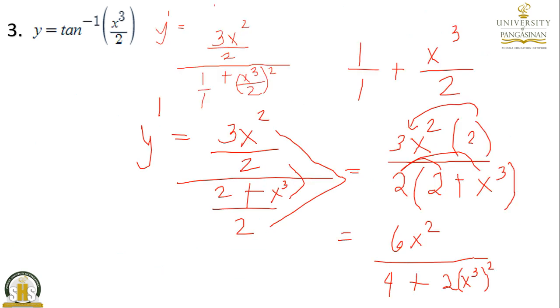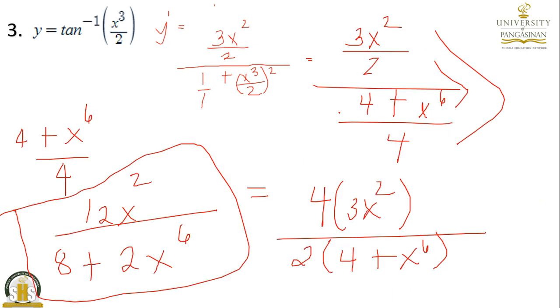Kinopya ko lang yun ha. Tapos nung nilagay ko na dito, naging 1 plus x to the 6 all over 4. That's why, kung kinuha na natin yung LCD niya, 4 yung magiging LCD nila.